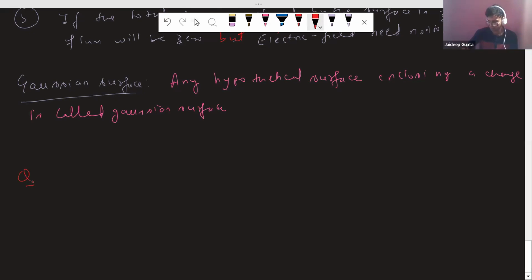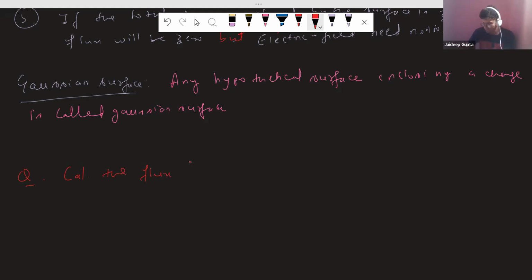Now question. Calculate the flux. If I ask you the number of electric field lines, it is similar to flux. If the question is asking to calculate the number of electric field lines, it means the question is asking about the flux.